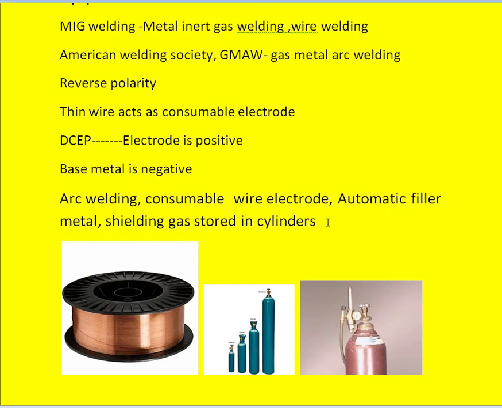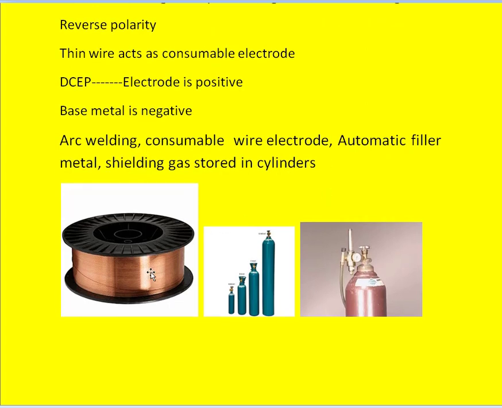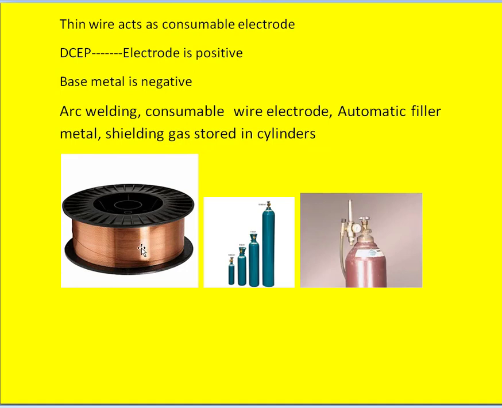When we look at their pictures, it will be like this. This is the wire electrode, which is in the form of wire, and the wire is copper coated mild steel or copper coated carbon steel.